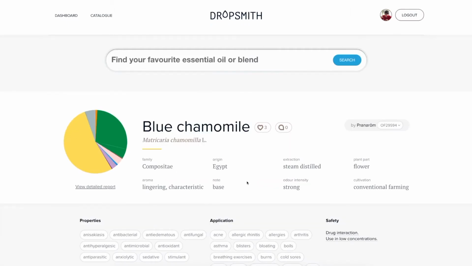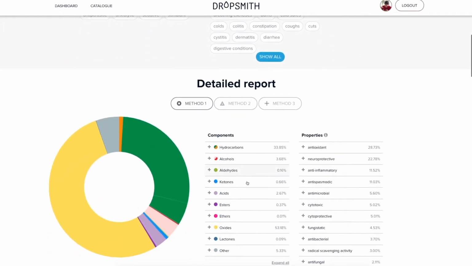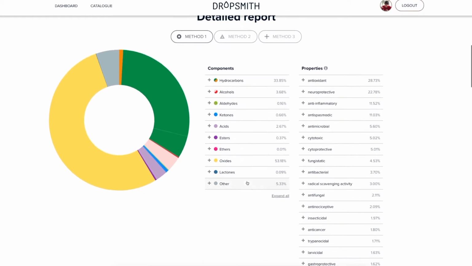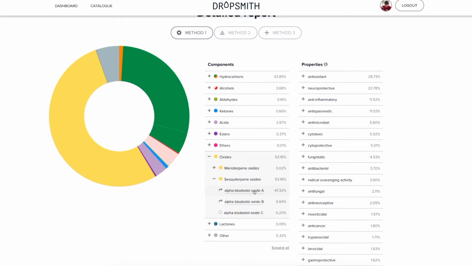Okay, so we click on the blue chamomile, and what we are interested in are chemical components, and today we're talking about oxides. So here they are, and you see right away we have monoterpene and sesquiterpene oxides in this particular chamomile. So the first thing I wanted to mention is that 1,8-cineole is a monoterpene oxide, while bisabolol oxide is a sesquiterpene oxide.